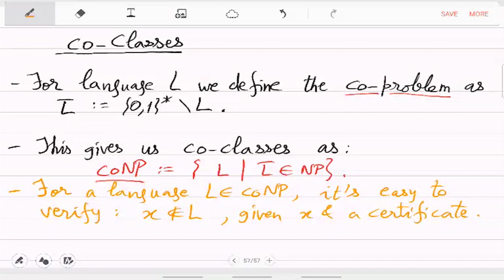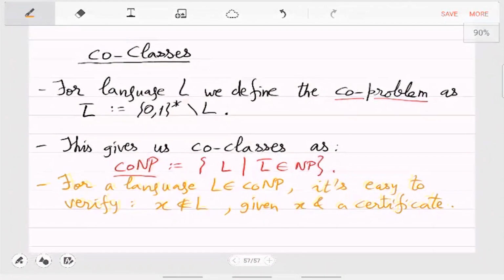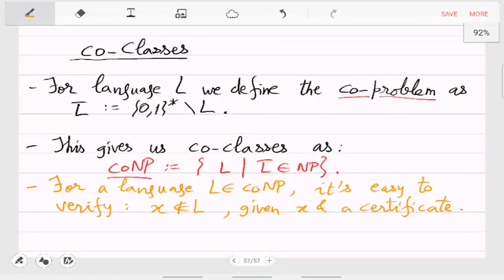So that's the difference between NP and co-NP. For NP, a solution can be verified. For co-NP, a non-solution can be verified. It's simple, but at the level of complexity class, it might be a bit confusing. So the question you can ask here is, what is the hardest problem in co-NP?